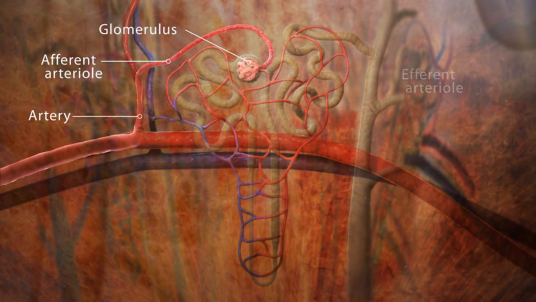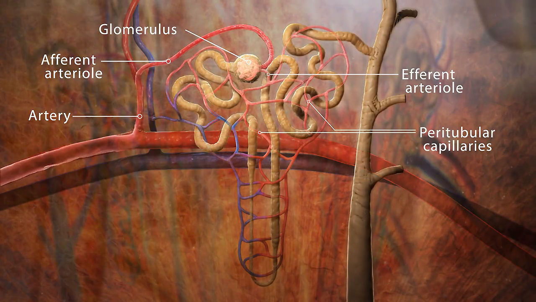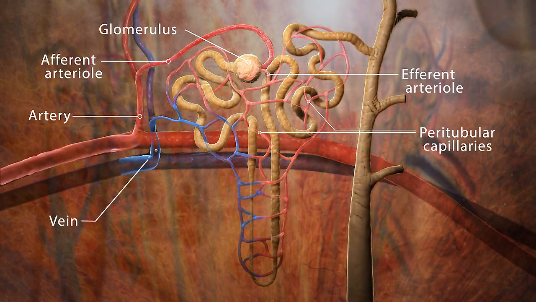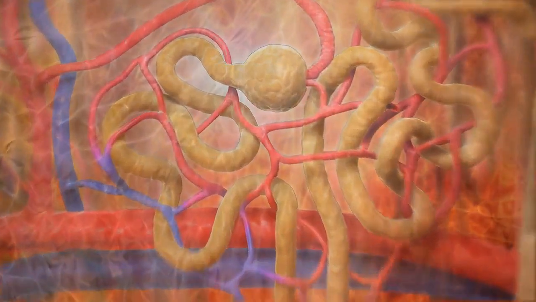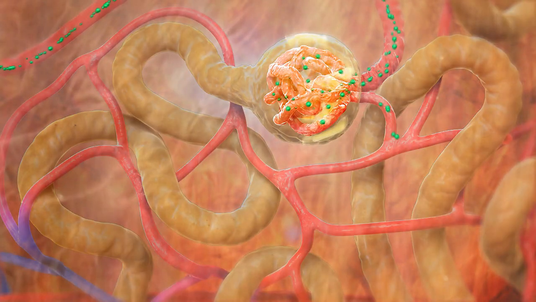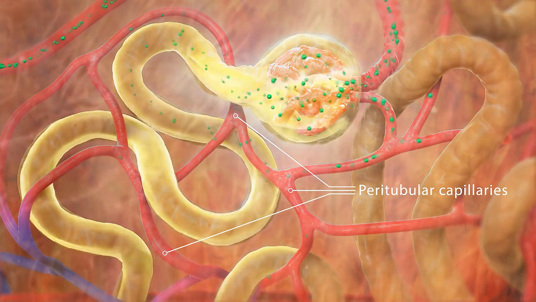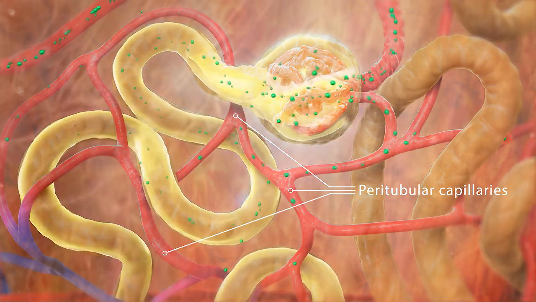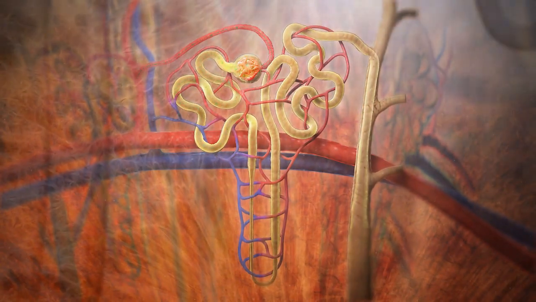Blood leaving the glomerular capillaries flows through peritubular capillaries wrapped around the tubular nephron before draining into renal veins. At the glomerular capillaries, plasma-like fluid filters out of the bloodstream into the nephron tubule, where substances are either reabsorbed into the peritubular capillaries or continue on toward the collecting duct to be excreted as urine.